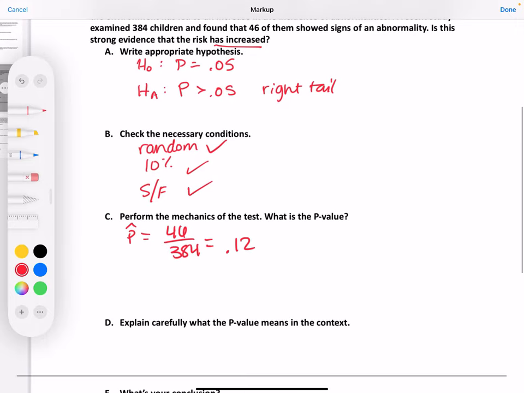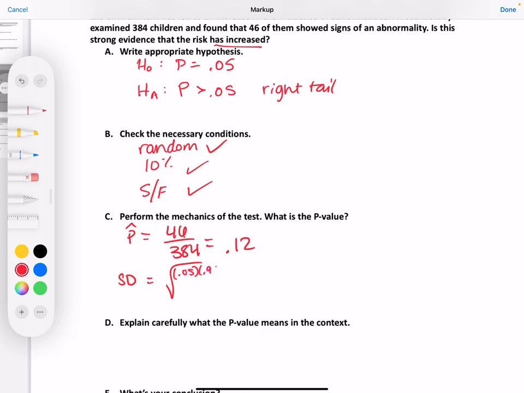So then I need to find the standard deviation, which is the square root of 0.05 times 0.95 divided by 384.